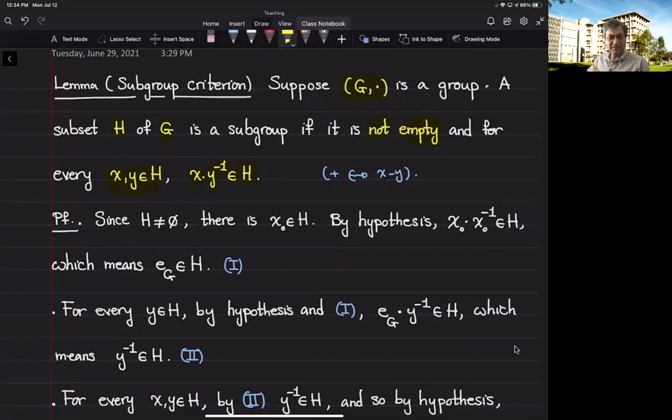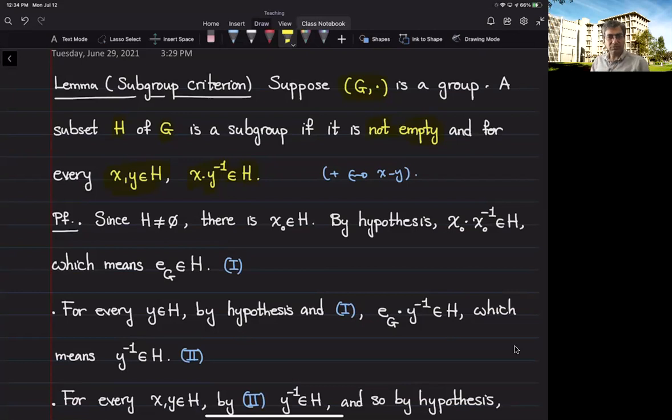Okay, let's go back and repeat what I want to say. I'm going to assume that my set is non-empty. I'm going to assume that if I give you a pair of elements inside this set, x times y inverse is inside H. I want to show that H is a subgroup. Before showing that dot defines an operation on H, I'm going to show two things.